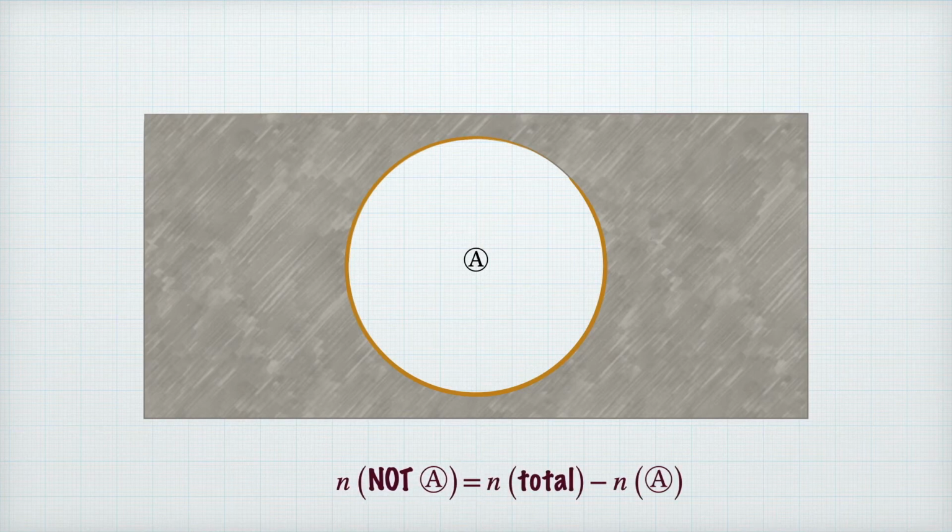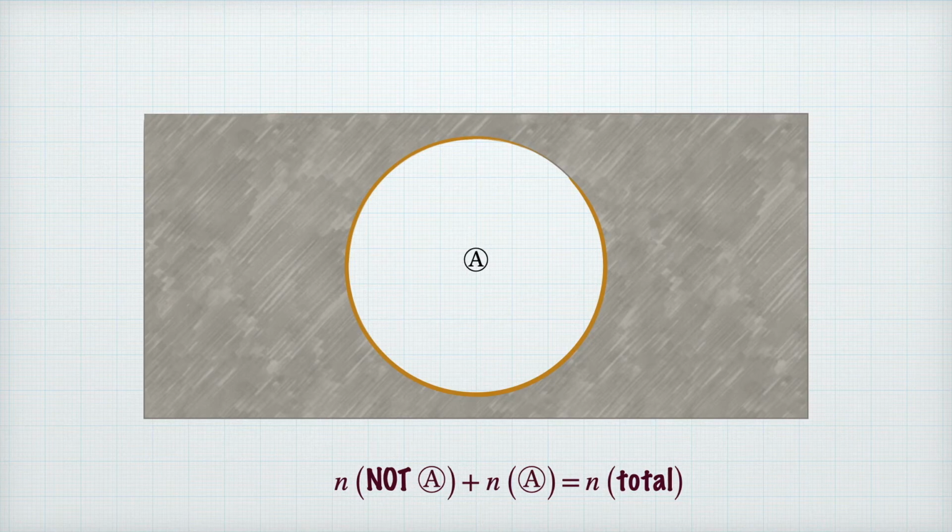n of not A is simply going to be n of total, that is the number of elements in your universal set, minus n of A. And this makes even more sense when you rearrange it a little bit. You get n of not A plus n of A equals n of total. And that's what I said earlier: if two things are complementary, it means they add up and give you one certain thing.